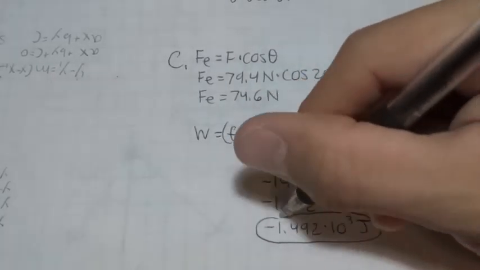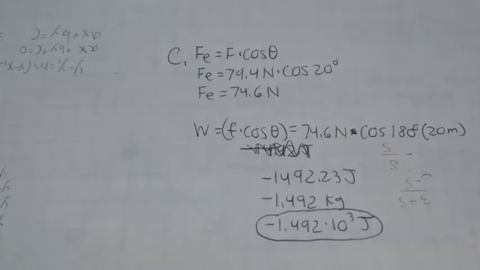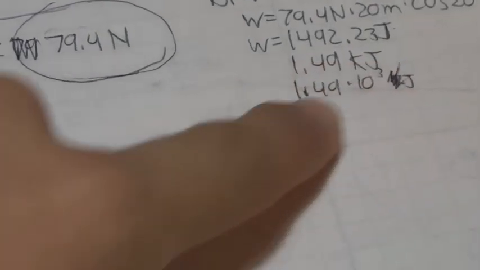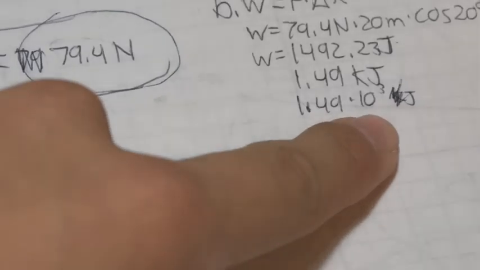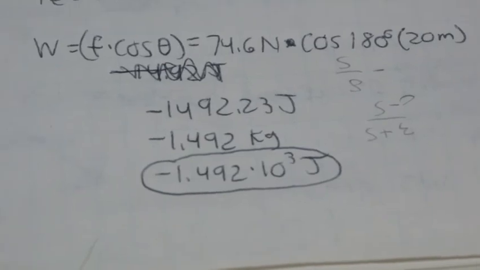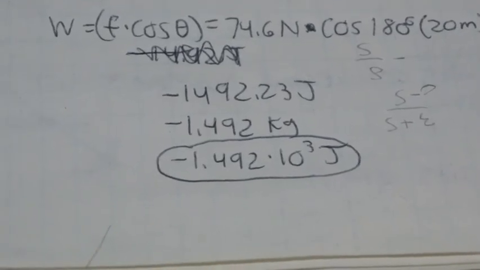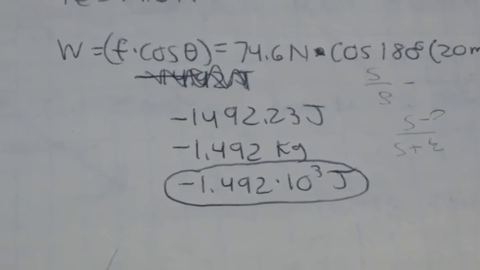Now that is the force of friction, and that makes sense because we found out in letter B, let me zoom in on that, we found out in letter B that the force going that way was 1.49 times 10 to the 3, so it would only make sense that the force going in the opposite direction is negative. So, I hope this helped you out. Good luck.